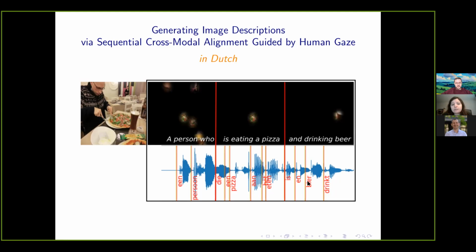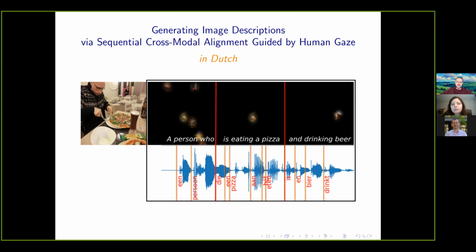Inspired by these findings, we wanted to use this data set in Dutch, which had images and spoken image descriptions, along with concurrently collected eye tracking data. So when people were talking, their eye gaze movements were also recorded. Using this data set, we first analyzed the alignment between these modalities, and to what extent there is a sequential alignment between the visual and linguistic parts of the data set.